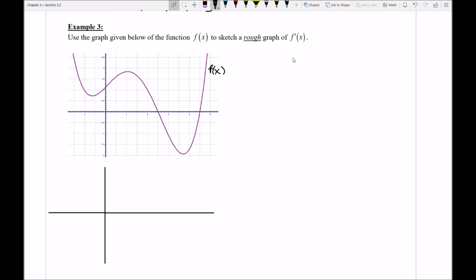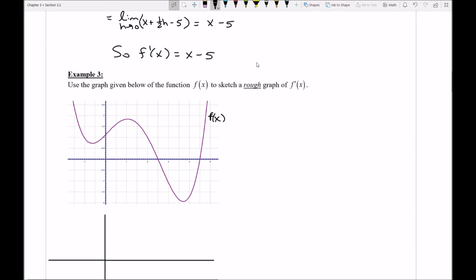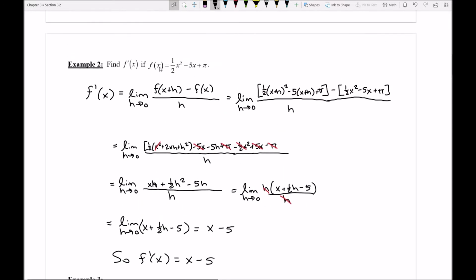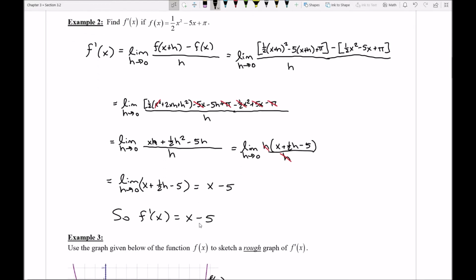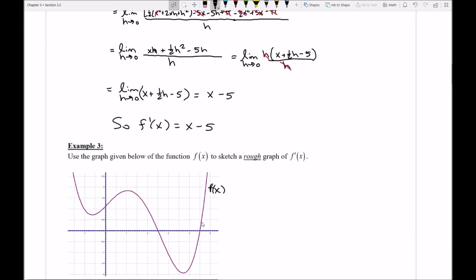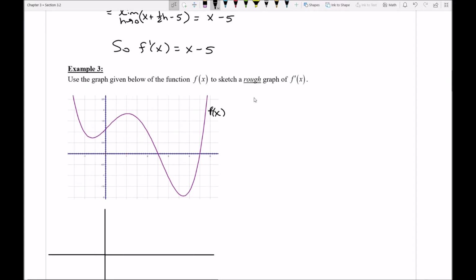So what's interesting here is that in example number 2 that we just completed in the last video, we were given a function f, and we were able to find a formula for f prime. But now I believe that it's possible to at least get a rough graph of f prime if I only had the graph of f itself.